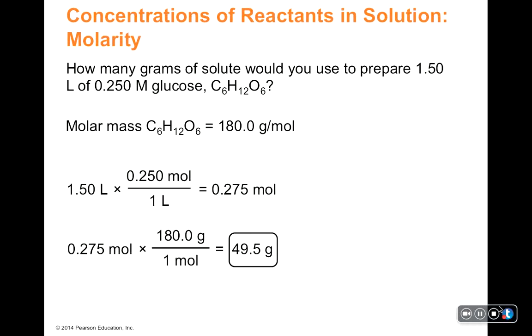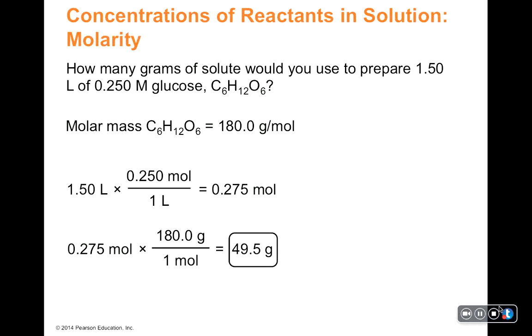That would be one of those conversion factors that you could use. We want to make 1.5 liters, and we know that the molarity needs to be 0.250 moles per liter. So we can use that information to convert the liters that we're preparing into the number of moles that we need of glucose. That's what you see in the second line down there. We're given 1.5 liters.